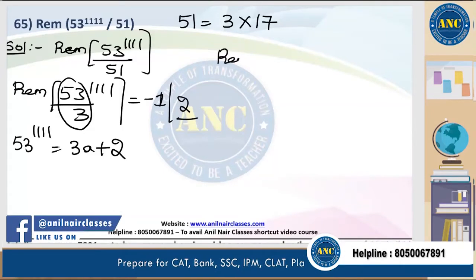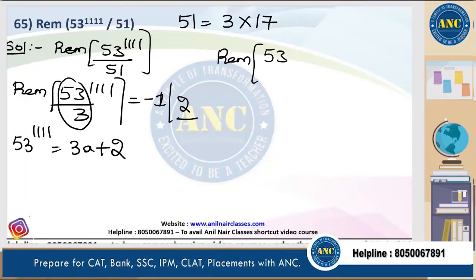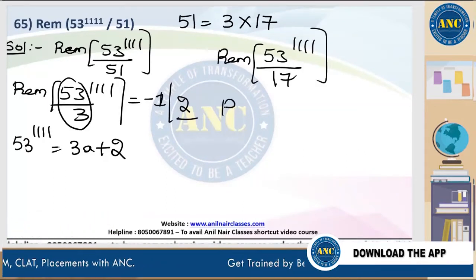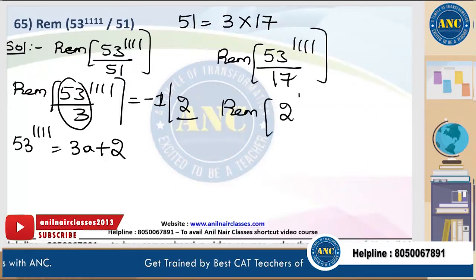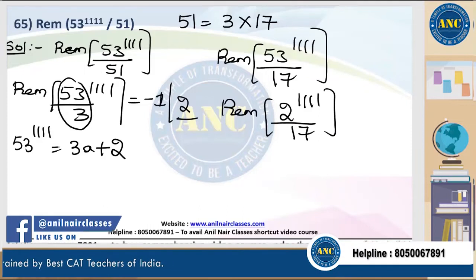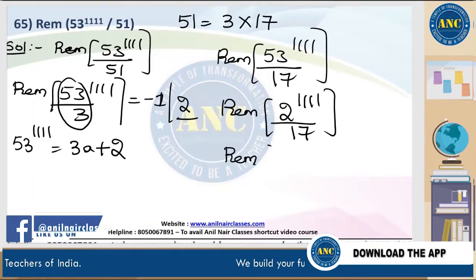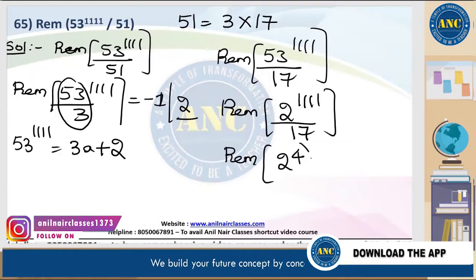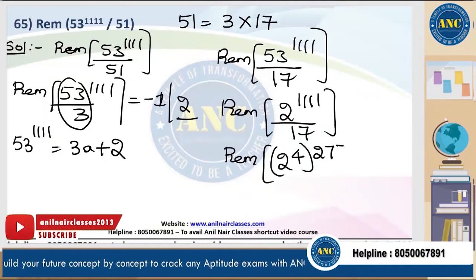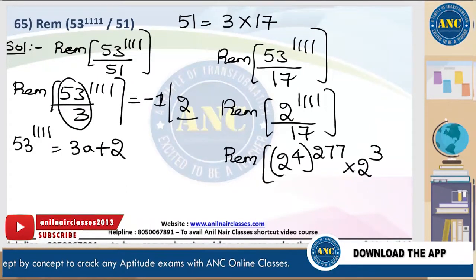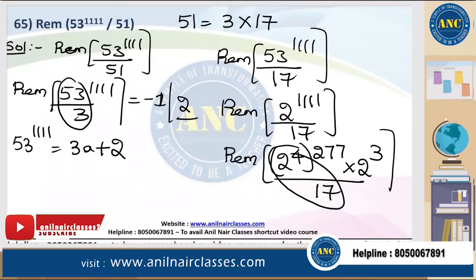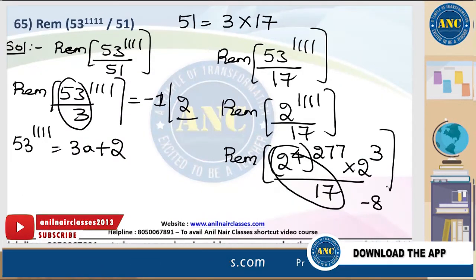Similarly, 53 power 11111 divided by 17. 17 threes are 51. It is 2 power 11111 divided by 17. You can use Fermat's theorem or negative remainder here. So 2 power 4 is 16. 16 divided by 17 is minus 1. Power 277 into 2 power 3 divided by 17. 16 by 17 is minus 1, minus 8.